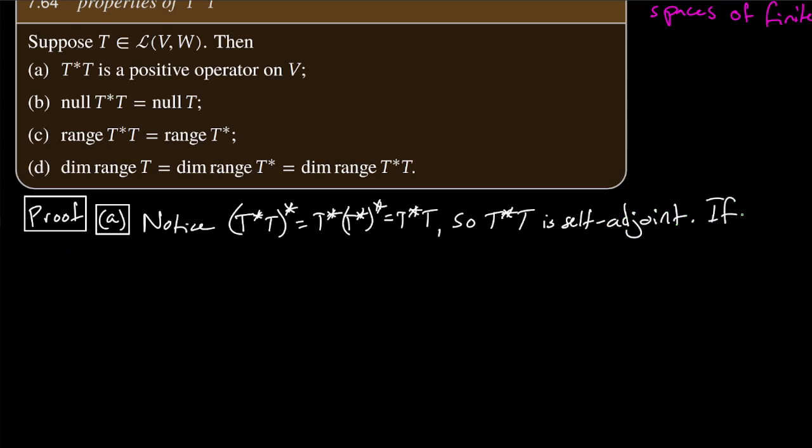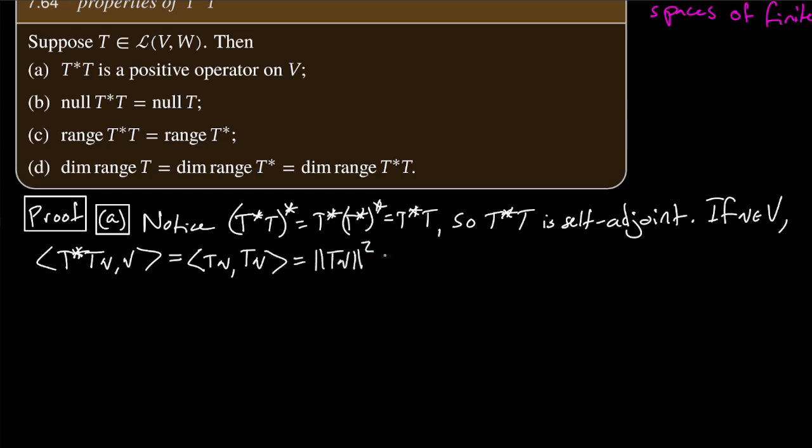Now, if v is a vector in V, then we have the following. The inner product of T*Tv with v is equal to, we'll just use the properties of the adjoint to bring that T* over to the other side, and I'll get the inner product of Tv with Tv, which notice is equal to the norm of Tv squared, which is definitely greater than or equal to 0 for any v.